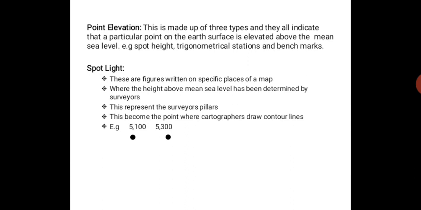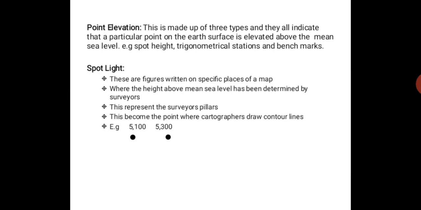What is point elevation? This is made up of 3 types, and they all indicate that a particular point on the Earth's surface is elevated above mean sea level.